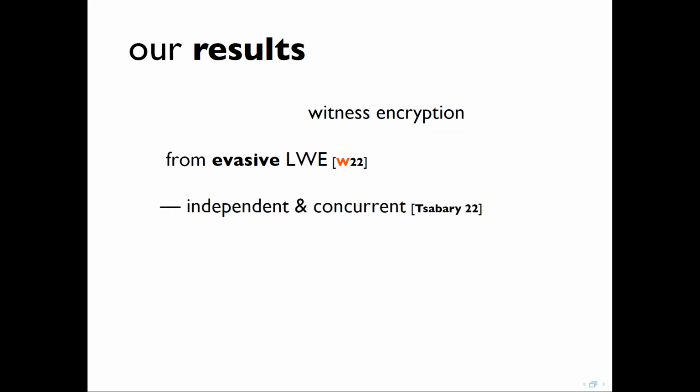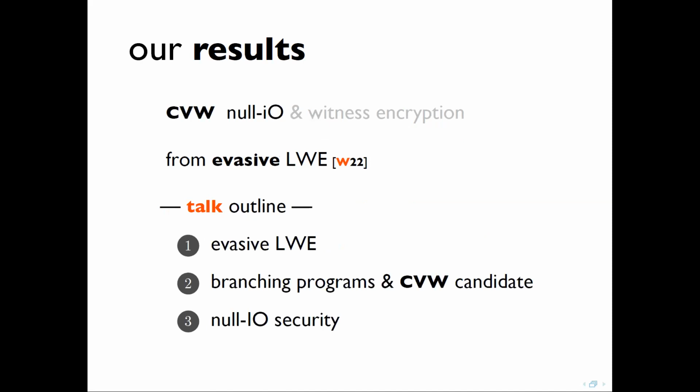Let me just say that there's an independent and concurrent work of Tsabary, with some 80% overlap in the results, though my biased opinion is that our constructions are a bit simpler and more modular. For this talk, I'm going to focus on our null iO schemes, starting by telling you about the evasive LWE assumption, then the description of the obfuscation algorithm, which takes as input branching programs, and then I'll provide a sketch of the proof of security.